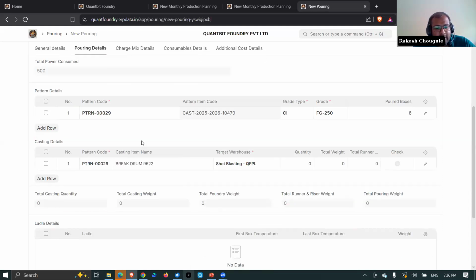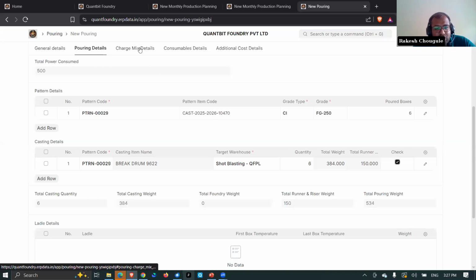After that, all the information about the casting products to be produced from that pattern will be shown here. I will check it. After checking it, it will add the casting weight, runner riser weight, and my total pouring weight, bunch weight. After that, there will be a charge mix.